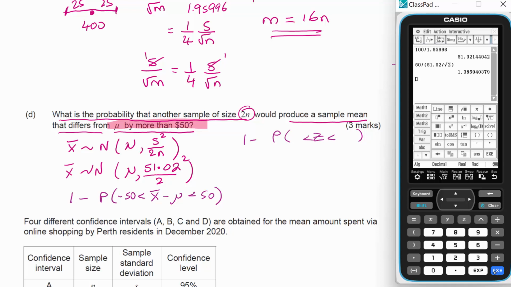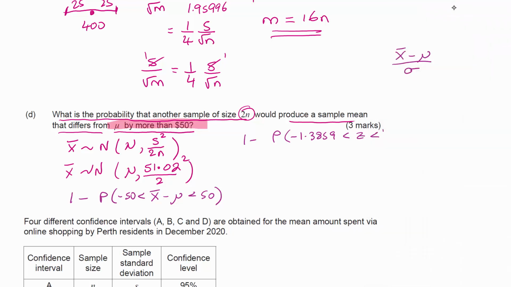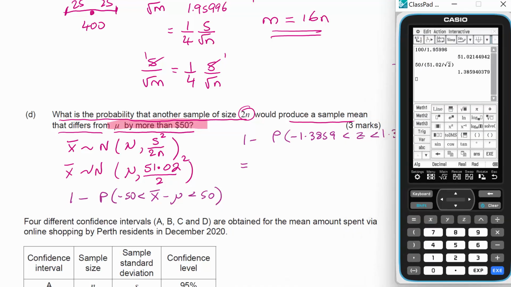That gives me 1.3859. So negative 1.3859 on one side, and 1.3859 on this side. That calculation will give us the probability that we want.